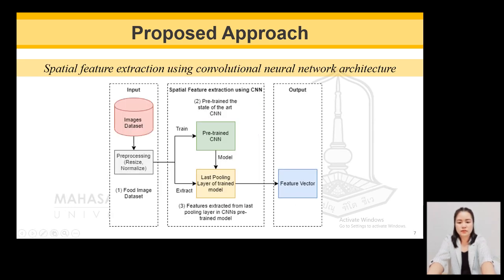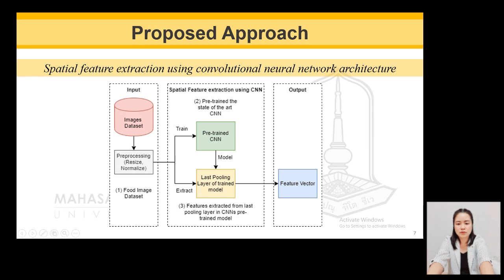For the spatial feature, we have proposed the effective CNN architecture to extract the robust spatial feature. In this study, we use 6 state-of-the-art CNNs: VGG16, VGG19, ResNet 50, ResNet 101, MobileNet V1 and MobileNet V2.